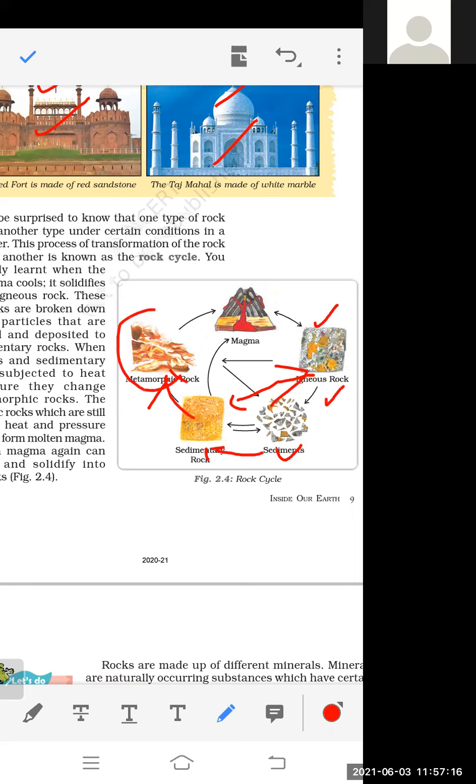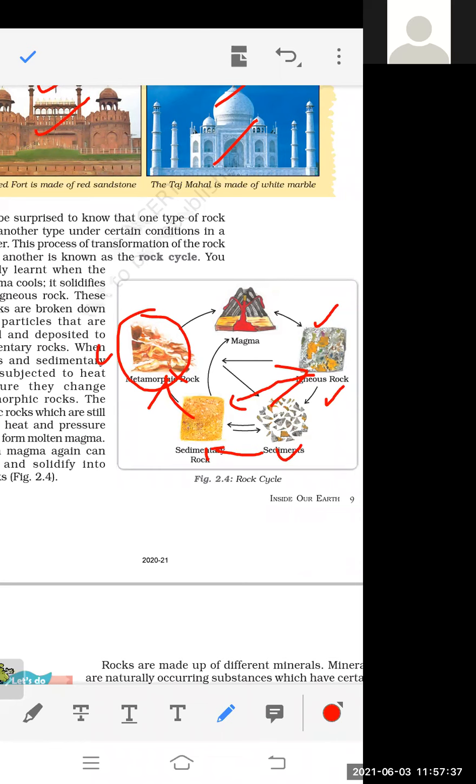Metamorphic rocks are made up of igneous rocks and sediments when they get heat and pressure. Under the pressure and heat, these metamorphic rocks thrust into the crust.